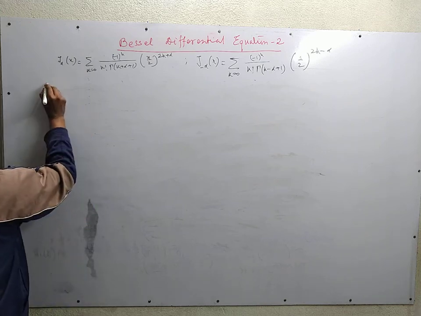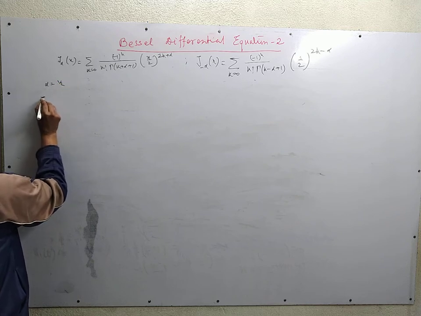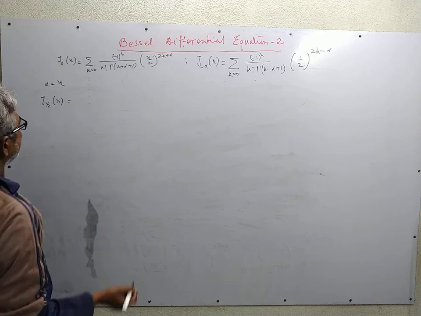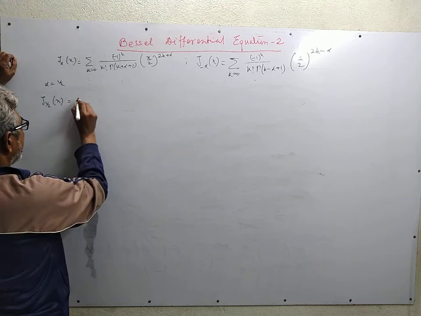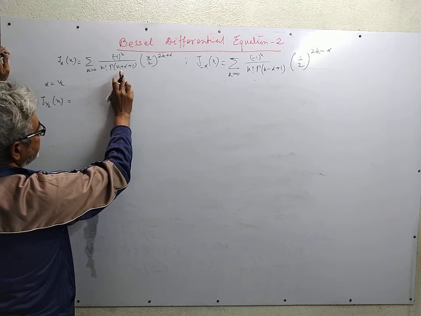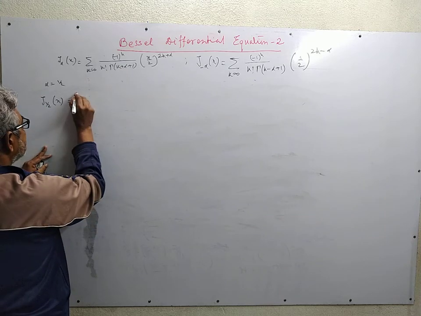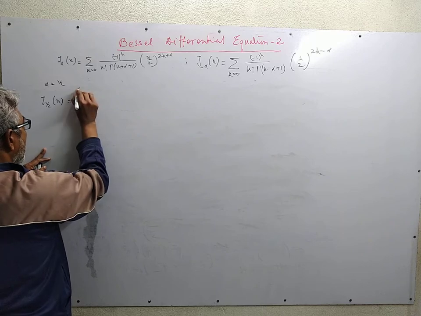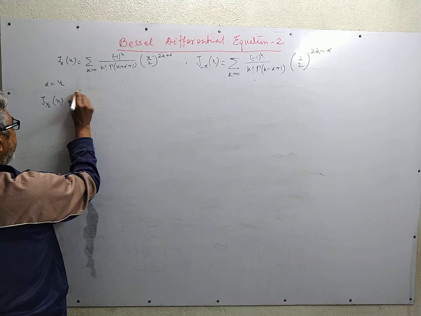We put alpha is equal to half, so J of half. If we put this in the first term, this is factorial 0 and alpha is equal to half, so let me write with the bigger font.